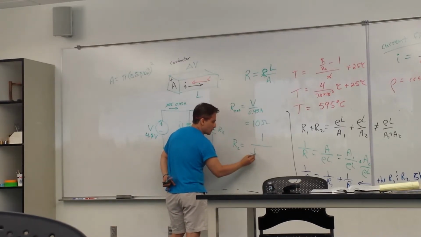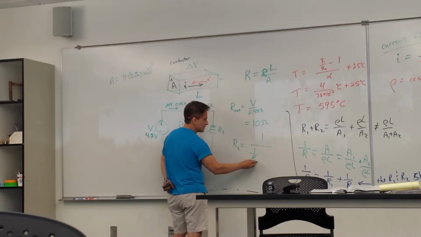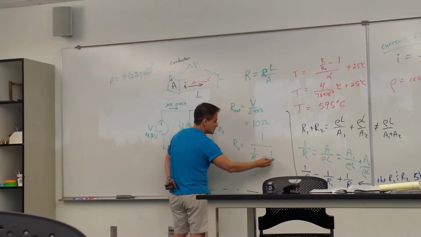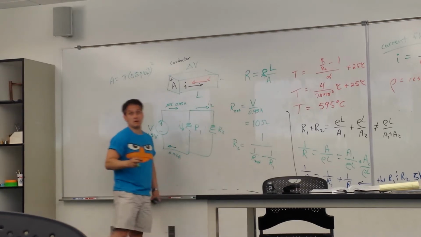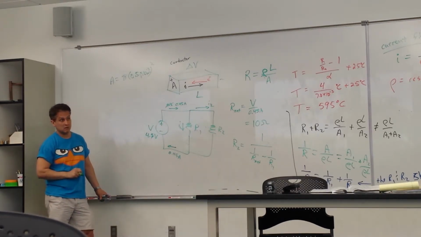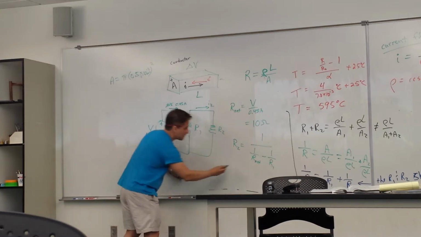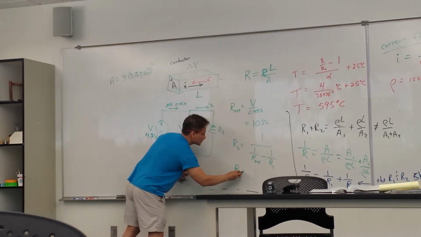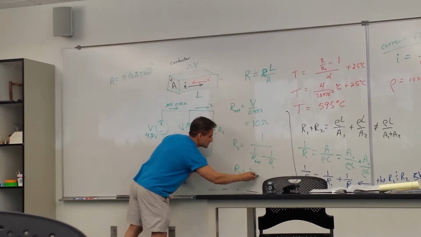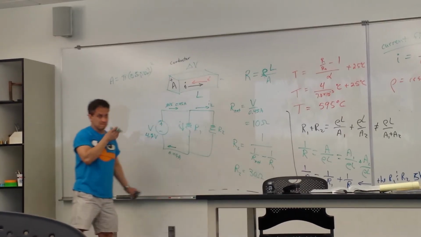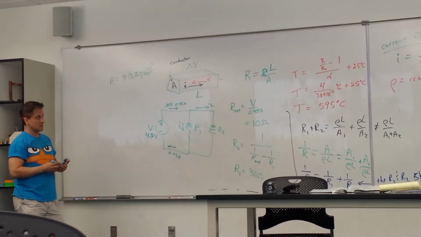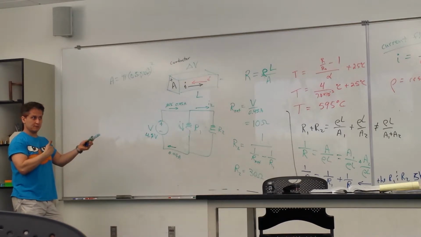It's going to be R equivalent, R net, minus 1 over R1. Is going to be equal to 30 ohms. You see where the logic comes in for that?